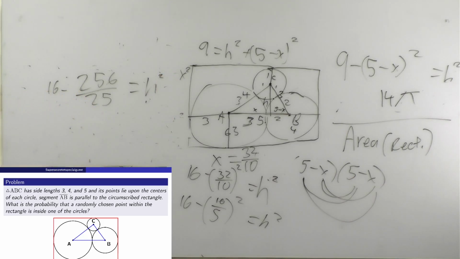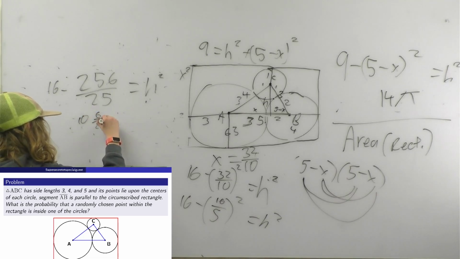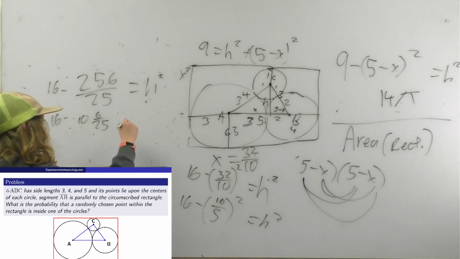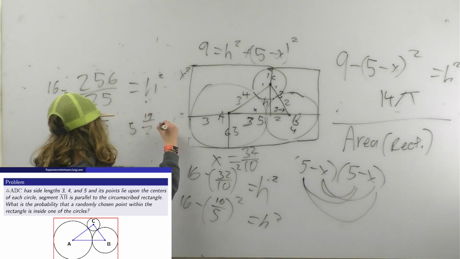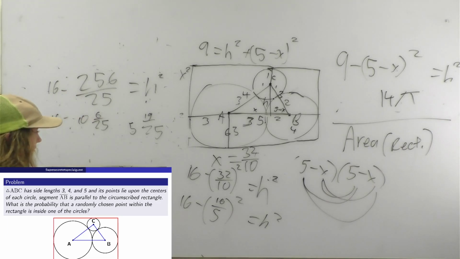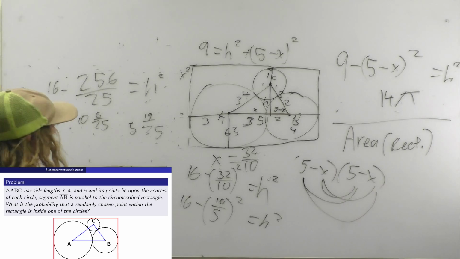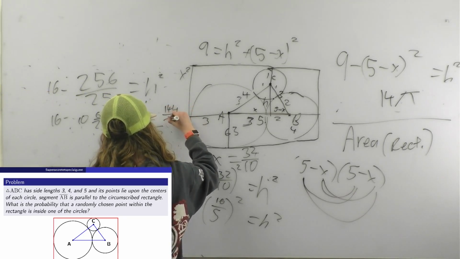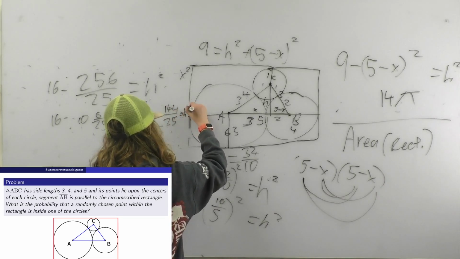So now that we have this, 256 over 25 is the same as 10 and 6 25ths. 16 minus that is going to be 5 and 19 25ths. And then let's put that back into an improper fraction. So 5 times 25 is 125. 125 plus 19 is 144 over 25 equals h squared.